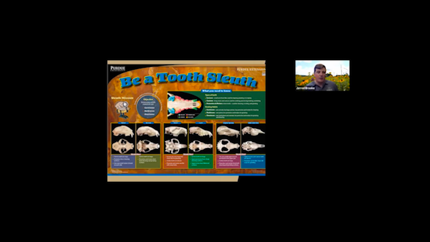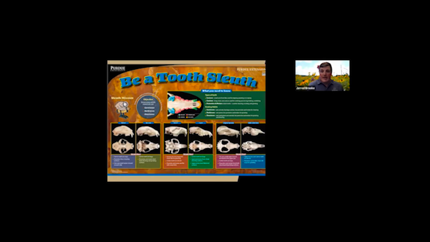And so you can download this and print it off yourself from the Nature of Teaching website. And this is really good to get students thinking about how different teeth are used to consume different materials, right? So an herbivore is going to have different teeth and different tooth pattern or formula than something like an omnivore or carnivore.